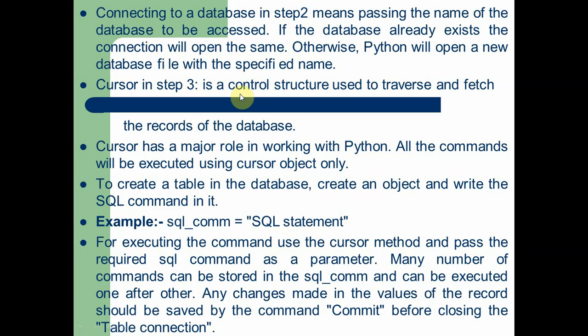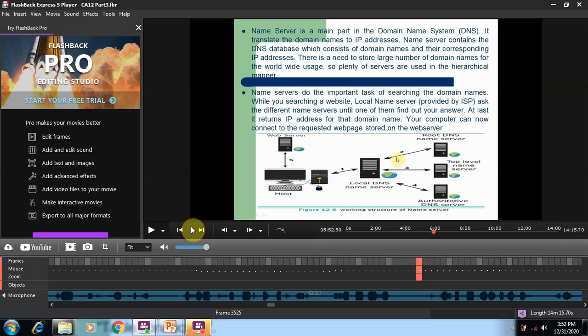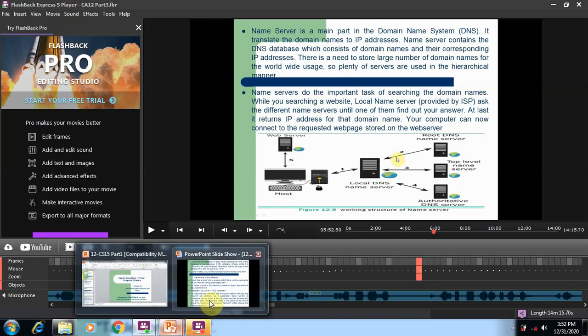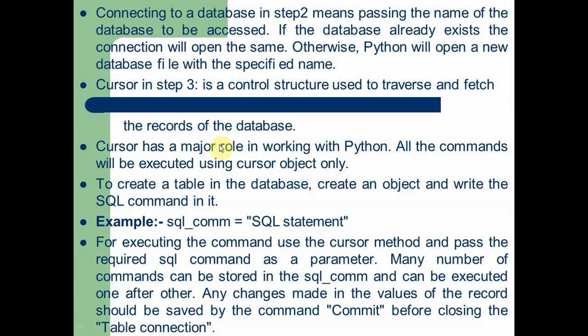In the same way, step 3, the cursor is a control structure used to traverse and fetch data, the records of the database. Cursor has a major role in working with Python. All the commands will be executed only through the cursor object. It is a very important object through which we can fetch the data of the SQLite database.